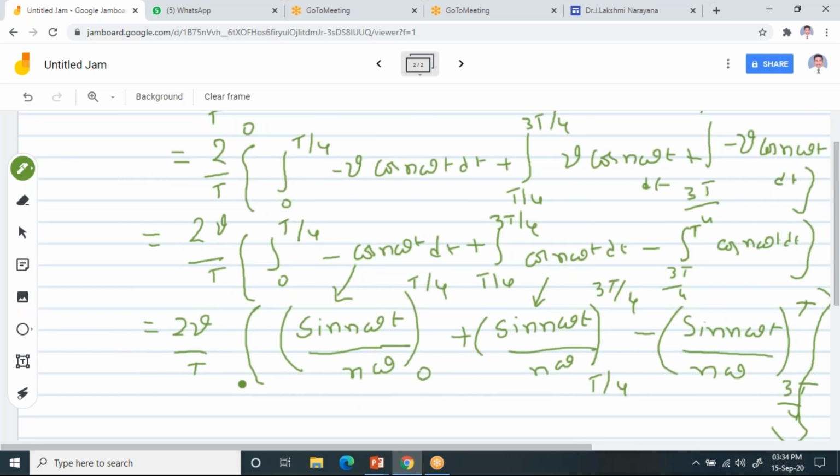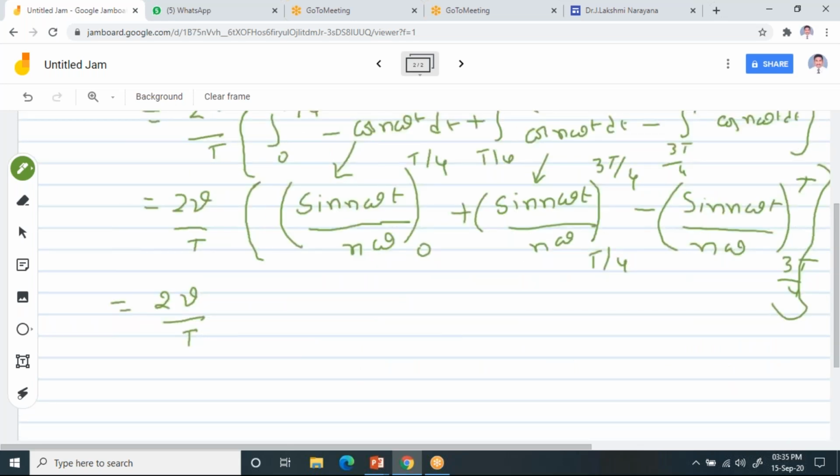And already we have minus at the beginning. This is the application of the limits for the second integration.